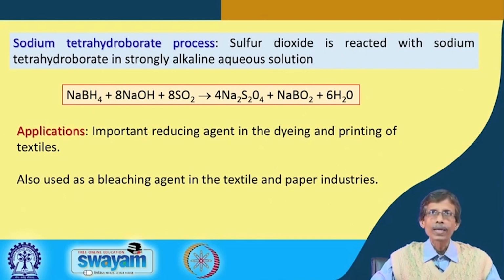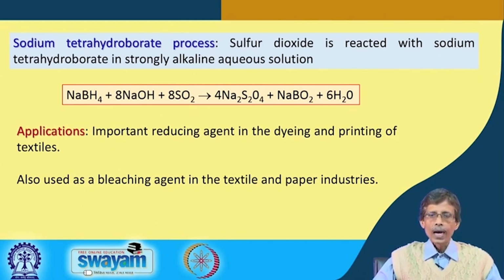From the application point of view, it is an important reducing agent in the dyeing and printing of textiles, where all the time we require some reducing agent for coloring the textile or printing material. Sometimes a dye is not colored in its original, oxidized form, but you can reduce it to its reduced form, and the reduced form is colored.